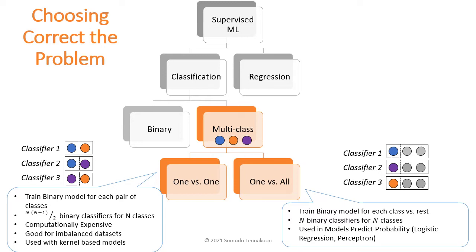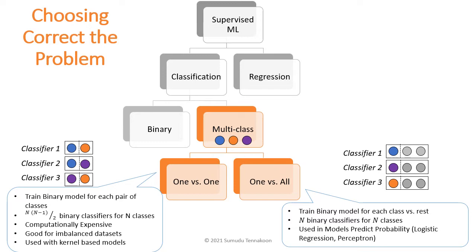The non-orange includes blue and purple. So you have to train a binary model for each class. In this case, you are building n binary classifiers for n number of classes. This method is used in models predicting probabilities, such as logistic regression. You can use that in perceptrons, right?